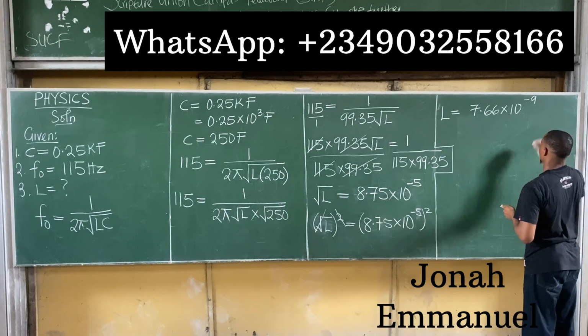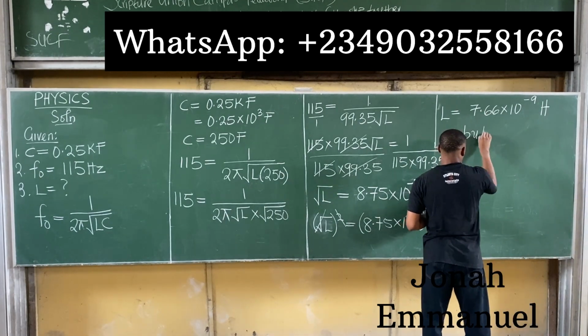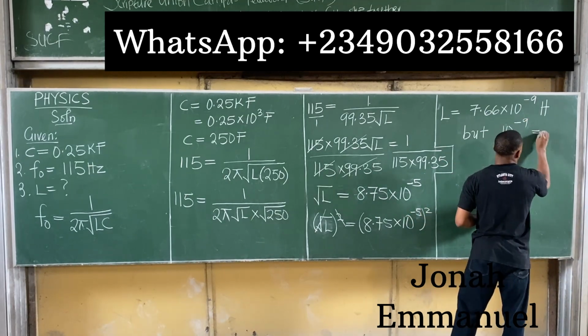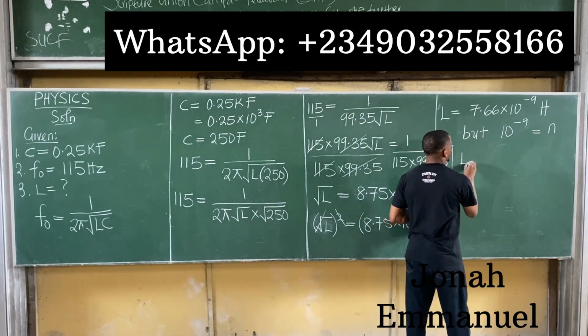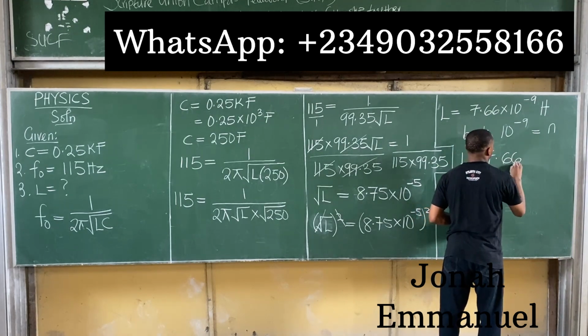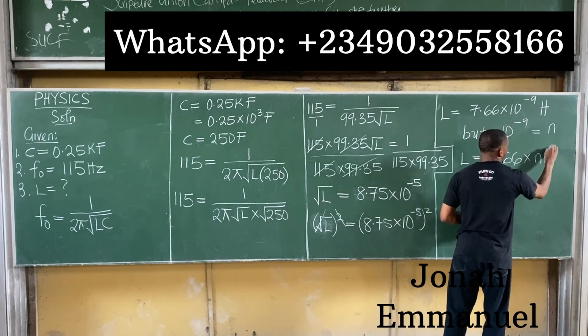Inductance is measured in Henry. But again, we know that 10 to the power minus 9 is a prefix in physics known as nano. And nano is a small n. So it means that L, the inductance, will be equal to 7.66 times, and this one becomes nano Henry.